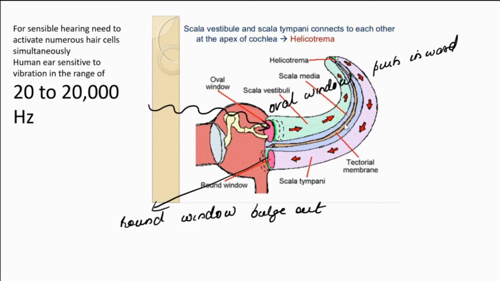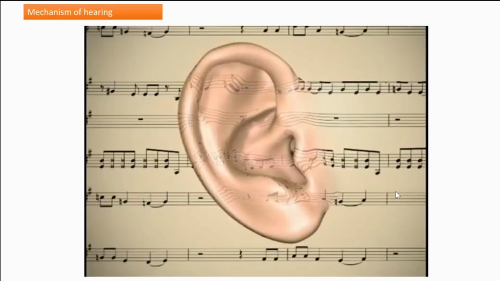And the displacement of the hair cells against the tectorial membrane generates the electric action potential that is conveyed to the auditory nerve, to the auditory cortex of the brain. Next, in this slide, we are going to see the detailed mechanism that happens in hearing. Okay, so we can start seeing this video.